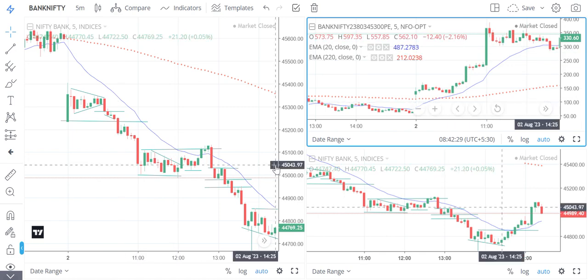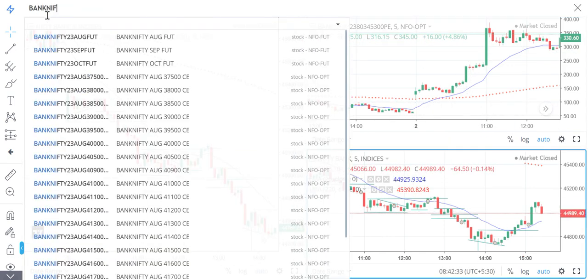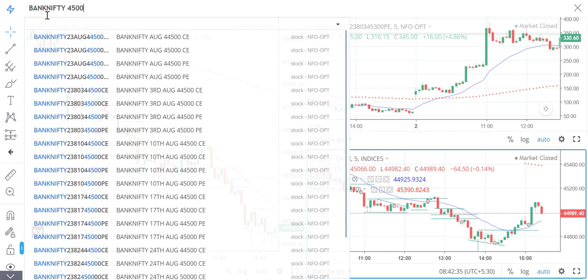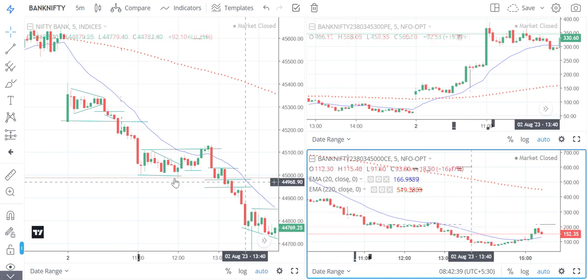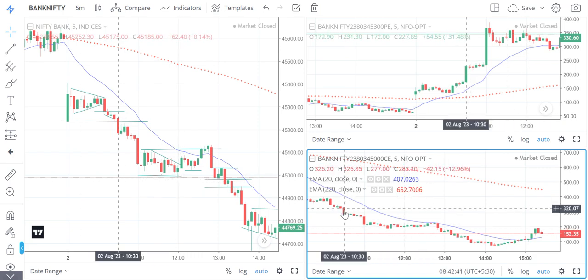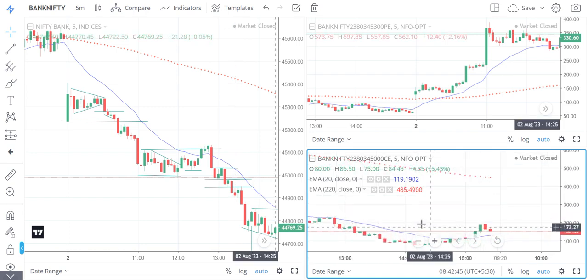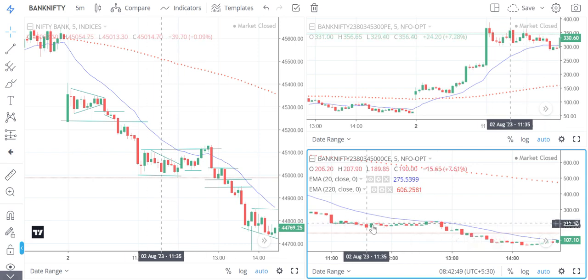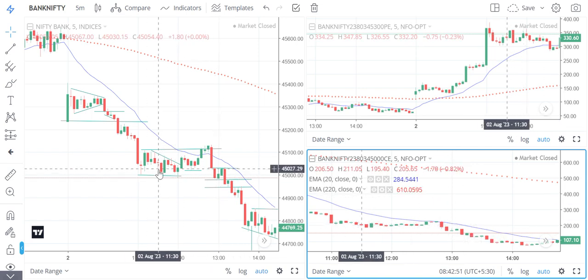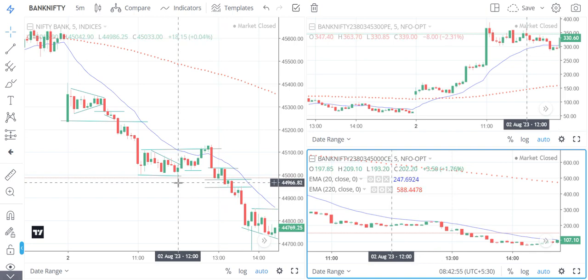Now we'll see 45,000 CE Bank Nifty. Look at the chart, there are strong bear bars. We don't see one single reasonable buy signal bar.